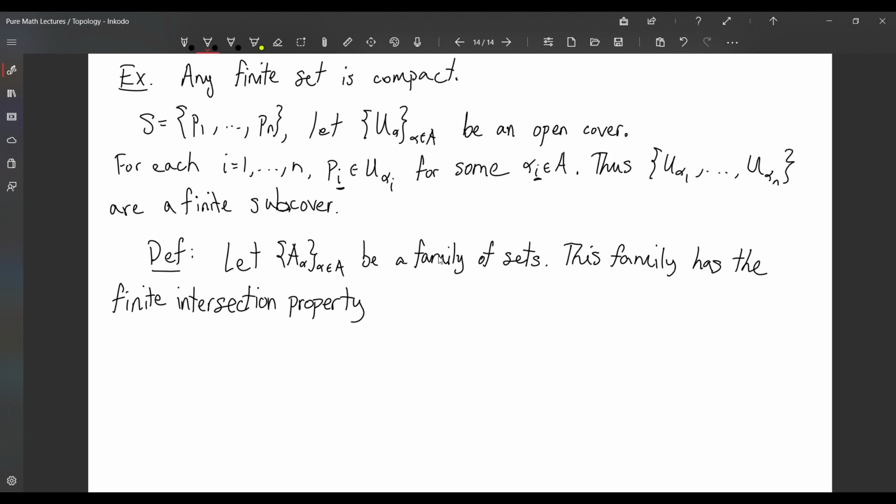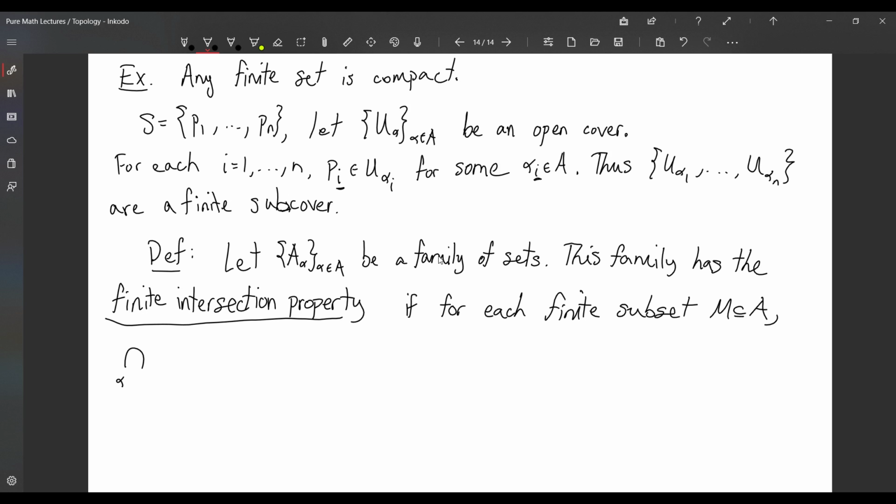if for each finite subset M of our index set A, right, the intersection over these finitely many sets in this family is always non-empty, right?